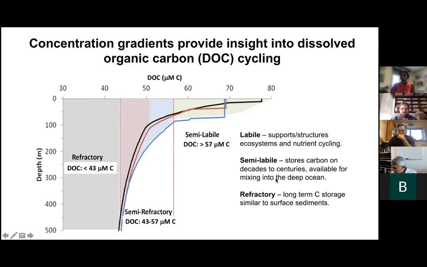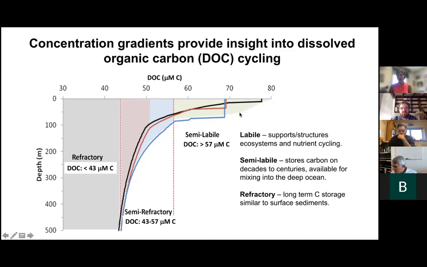That's an important reservoir because it does store carbon on those timescales, and it's available for subduction into mode waters and intermediate waters, where even if it does turn over into CO2, it's stored on some relevant timescales. You can see some of that in this blue profile, where you see higher concentrations at depth, which would suggest potential subduction of this reservoir.